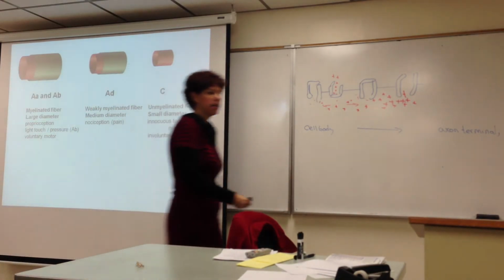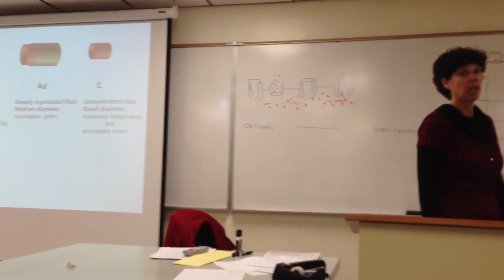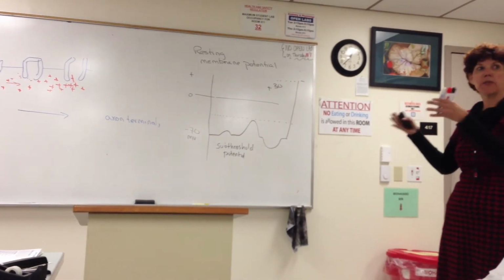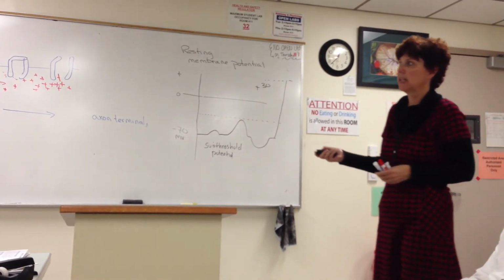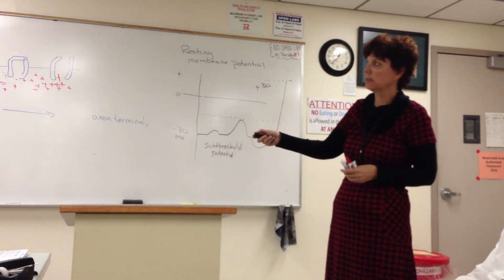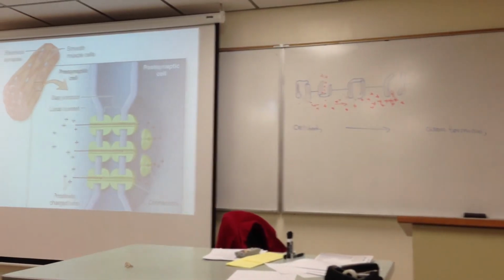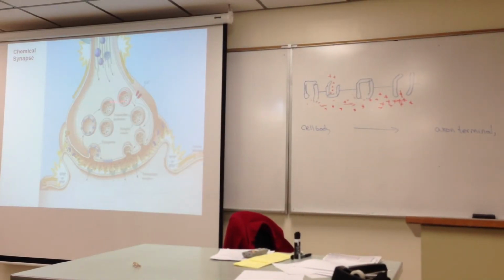All right, so on Tuesday, we followed the action potential down to the axon terminal, and we're going to follow that action potential into the axon terminal and talk about how the synaptic vesicles are triggered to fuse.